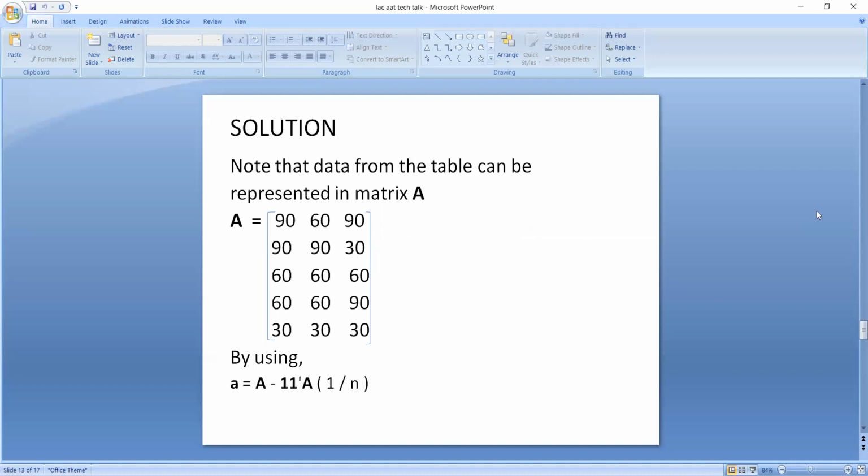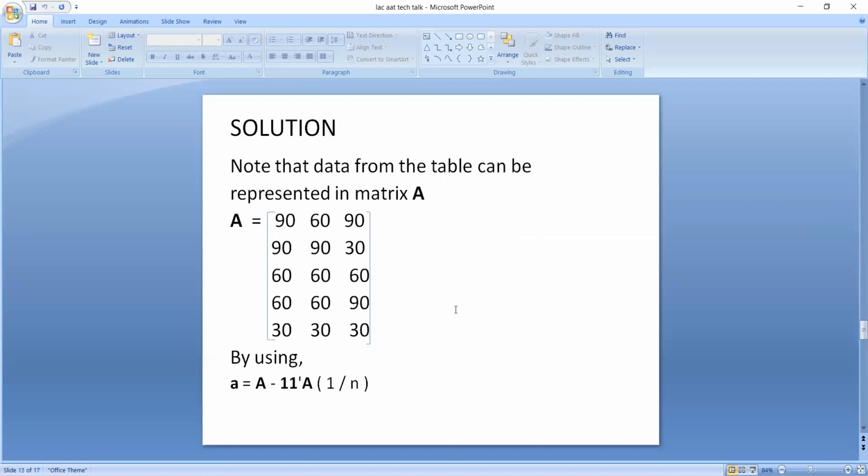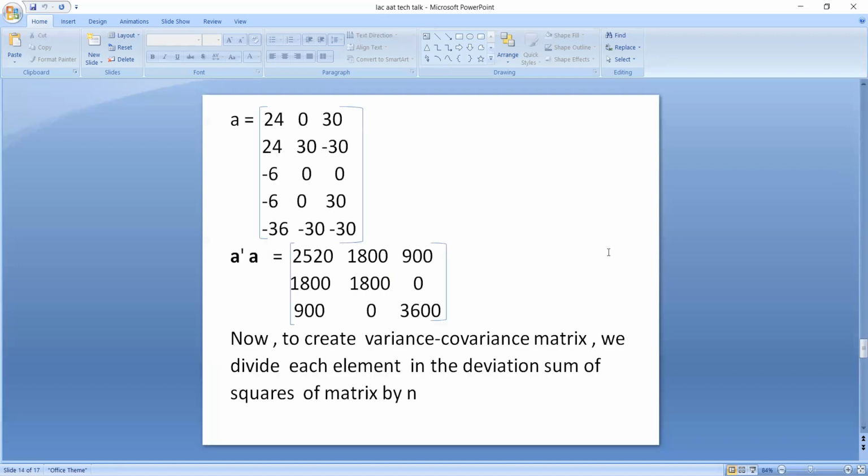First, I said that we have to represent the whole data in matrix form. We can see 90, 60, 90, 90, 90, 30, and so on. These are the scores of students 1, 2, 3, 4, 5. In the same way, you have to arrange it in a matrix. Then, using the formula we have discussed, small a is equal to capital A minus 1 1 dash A into 1 by n.